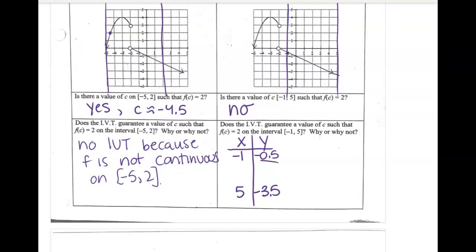And so what we're looking for is right in here. Does 2 fall in between negative 0.5 and negative 3.5? And no. So no IVT.